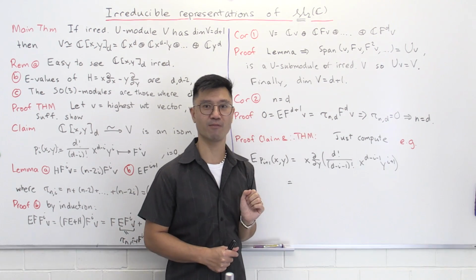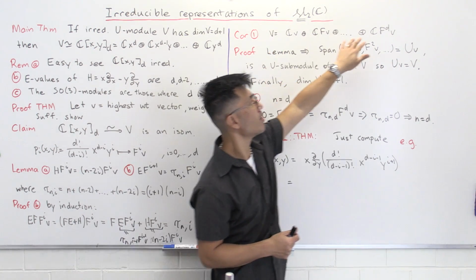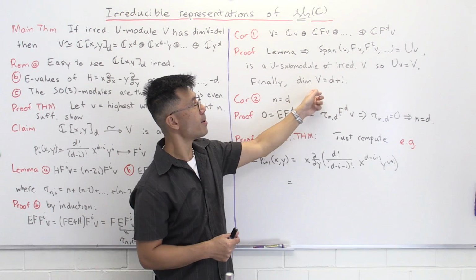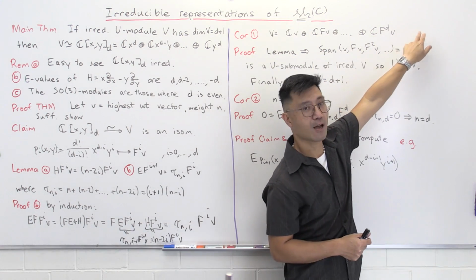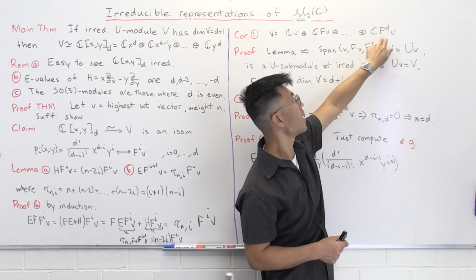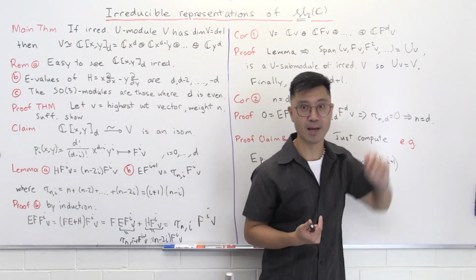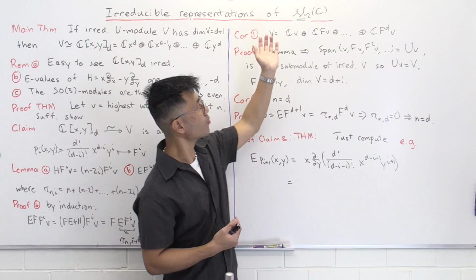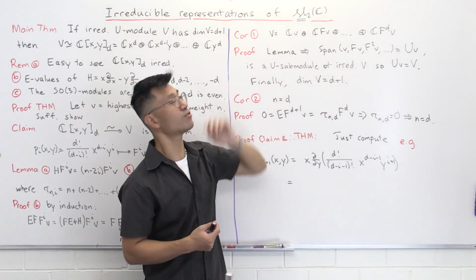We've seen this argument before. So eventually it will go to 0, but we know that the dimension of V is d plus 1. So the time when it goes to 0 is precisely f to the d plus 1 v, and this is the last non-zero one. That's what it has to be, because they're linearly independent, and what you'll get is the whole of V, and that gives you that corollary.